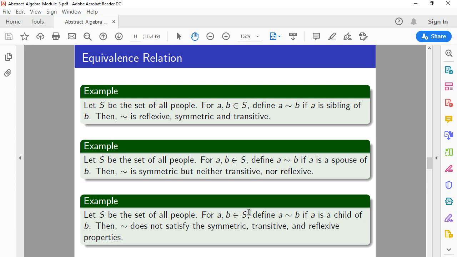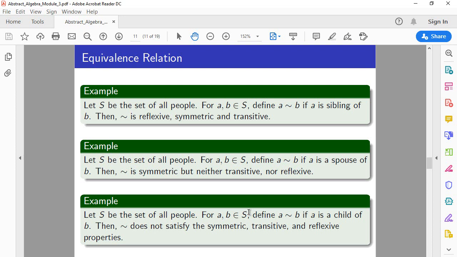Well, notice that this relation would be reflexive, because if I define two people to be siblings if they have the same father, then of course A is related to A because A and A have the same father. So that's reflexive, and then it's symmetric because if A is a sibling of B, then B is also a sibling of A.